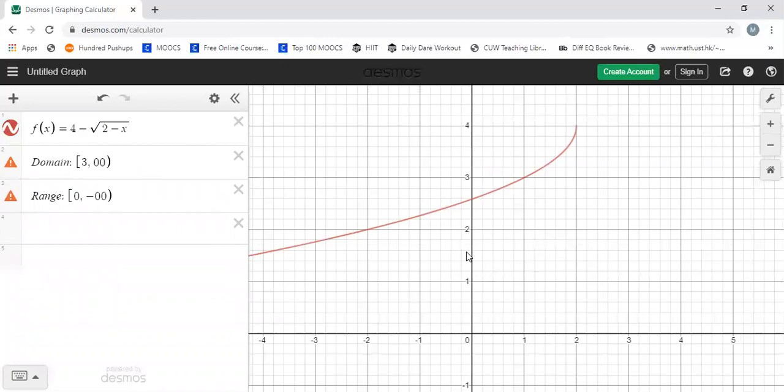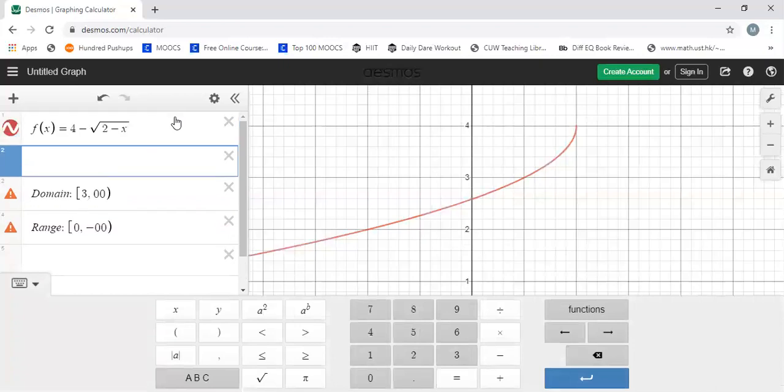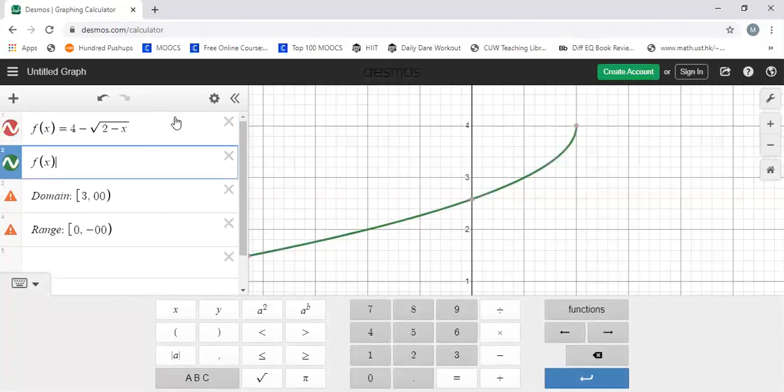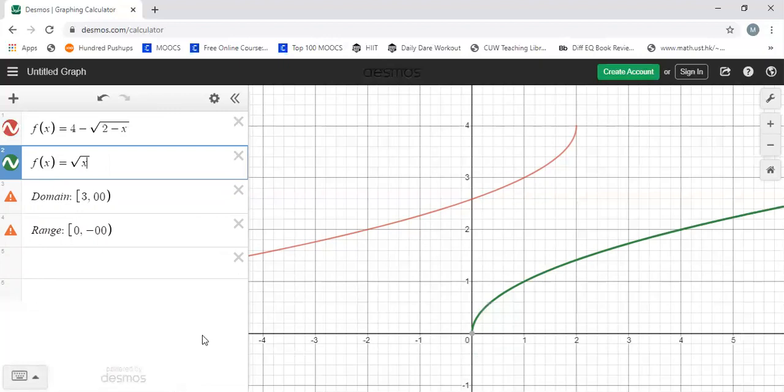So again, even though it's not questions that you'll have to answer, it is good to recognize how this is different than our parent function. Well, our parent function looks like this, right? So again, this graph looks like it is flipped upside down, right?